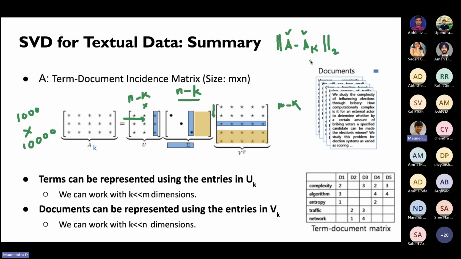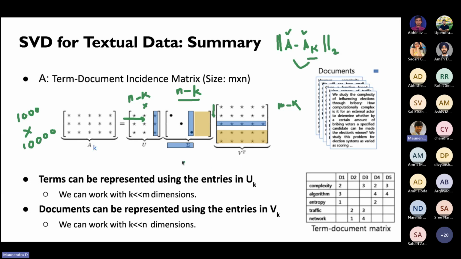Now, this is actually a rank k matrix. So what it shows is that among all different rank k matrices of dimension m cross n, the one which is closest to A can be obtained by following this.